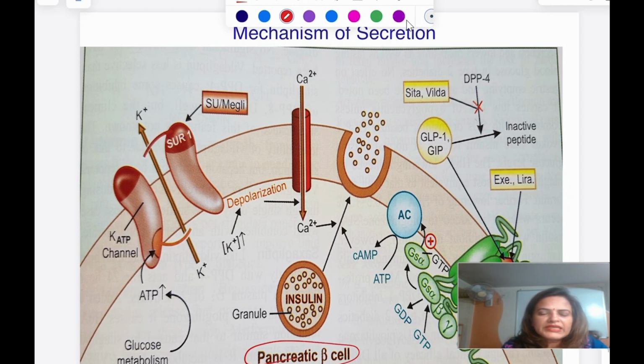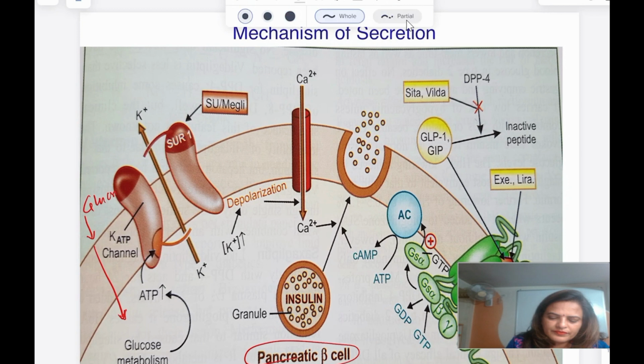If you take glucose, it will enter within the pancreatic beta cell and get metabolized by glycolysis, as you read in biochemistry. With glycolysis, what is the end product? It is ATP.